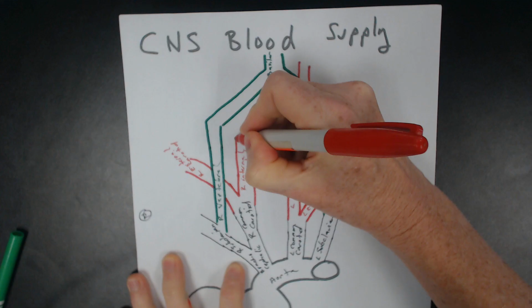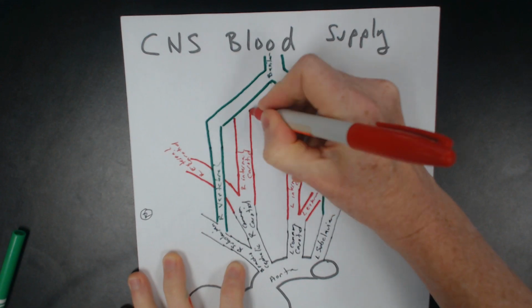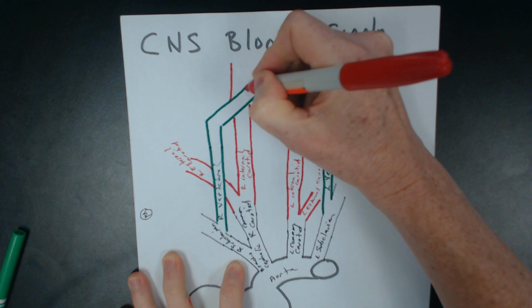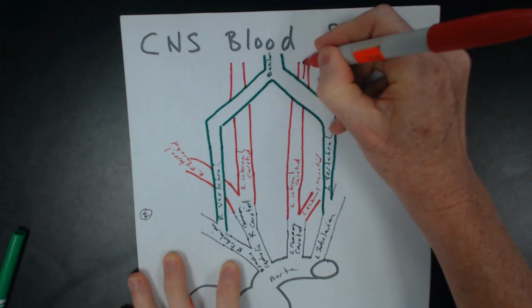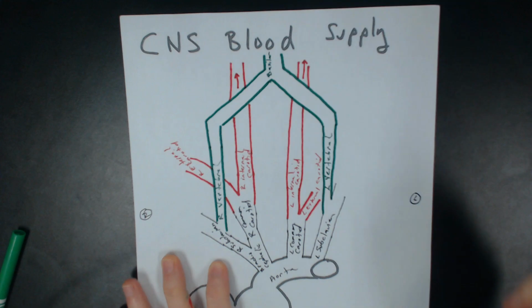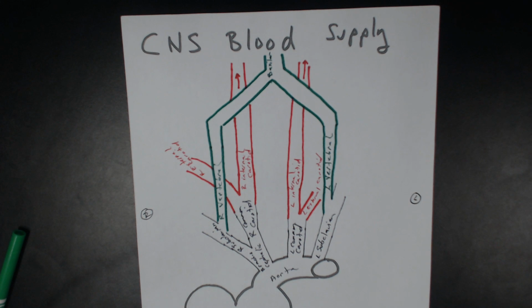And they're going to supply blood to the anterior portion of the brain. We're going to talk about that. Okay, so the internal carotid artery, coming off the common carotid on both the left and the right side, is going to be the one that supplies blood to the anterior portion of the brain. Questions?